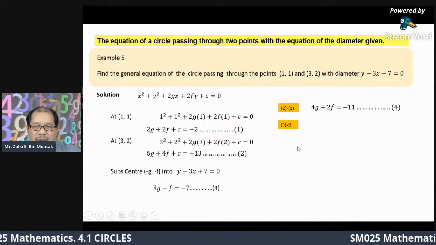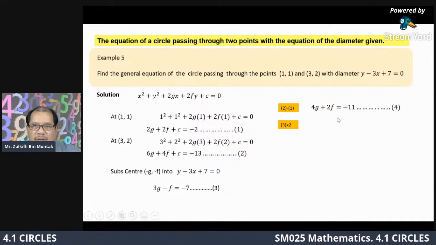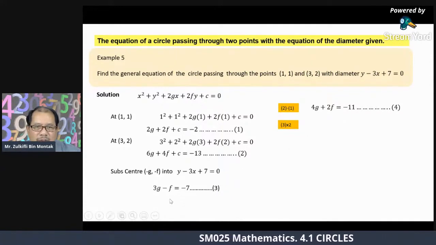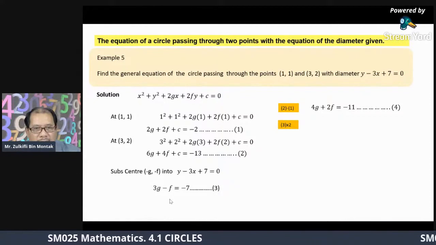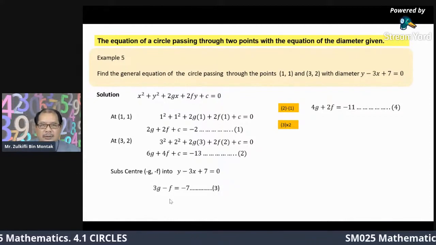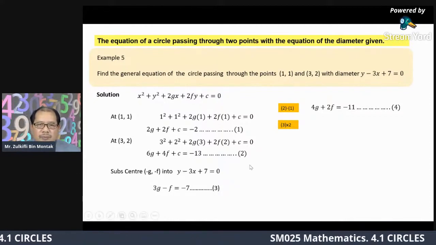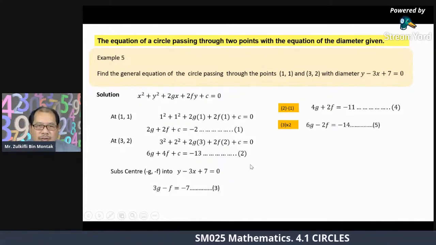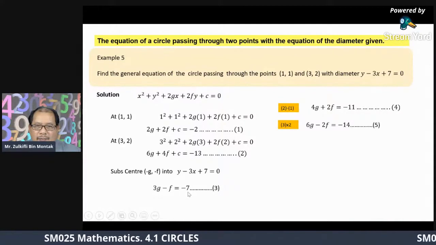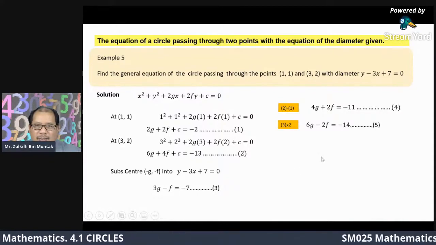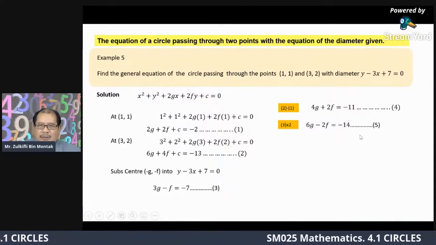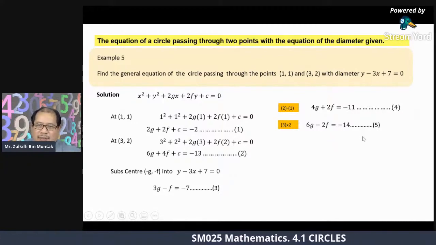The coefficient of F is 2 in equation number 4, and the coefficient of F in the third equation is -1. So I multiply by 2. So 6G minus 2F equals -14. This is equation number 5.